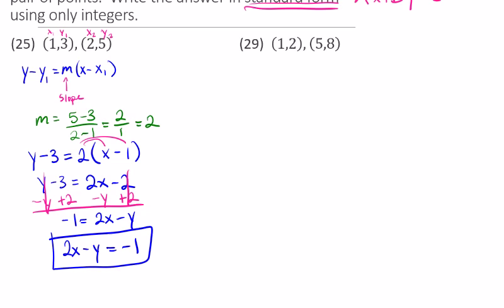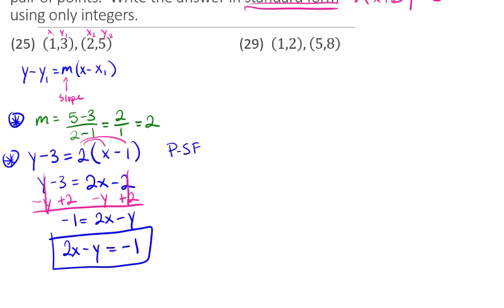So first step, we're given 2 points, and neither is the y-intercept. So we're thinking, okay, this is a good situation for point slope form. So then we find the slope first, right? And once we find the slope, we can plug it into our point slope formula. Okay, so this is point slope form.